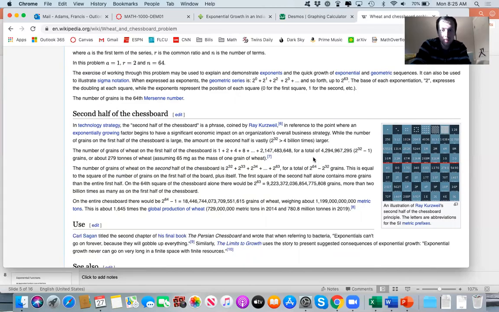But as soon as you go to the next half, the second half contains just so much more. In fact, this first square over here contains about as much as the entire first half.